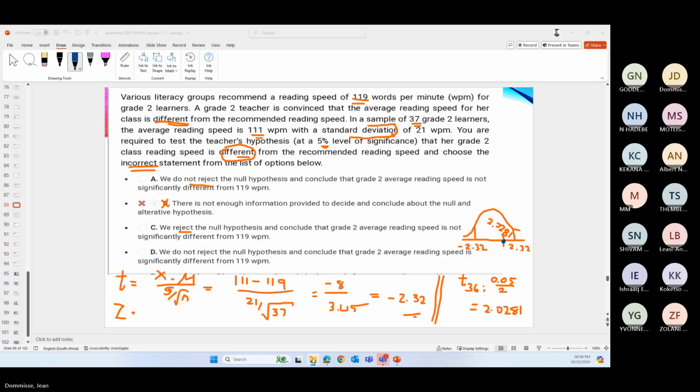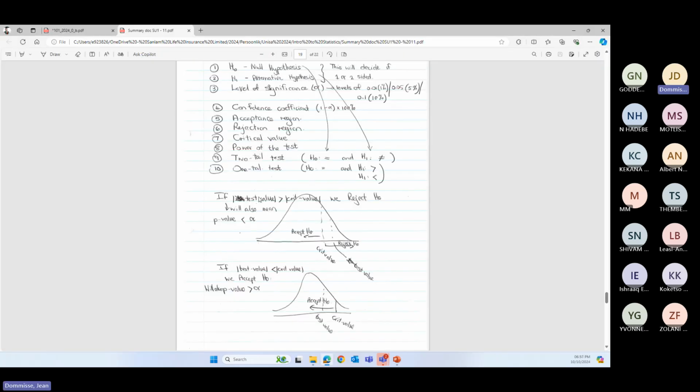So T value bigger than critical. So we reject the null hypothesis. T value is bigger than the critical.